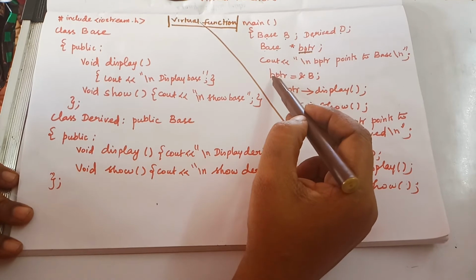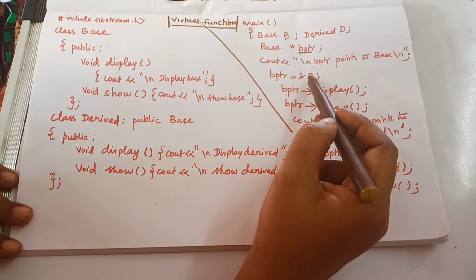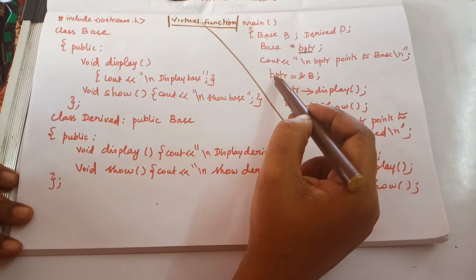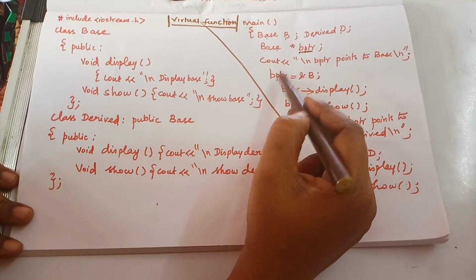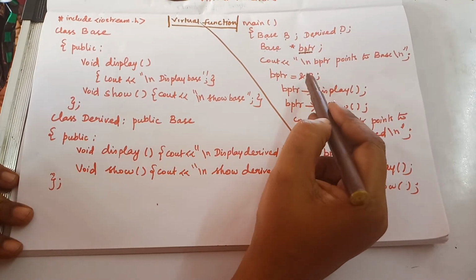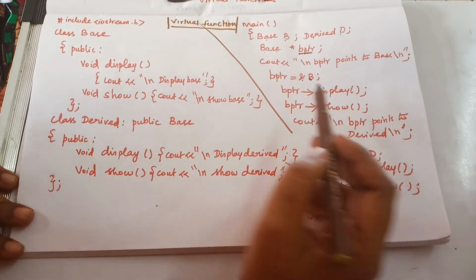So Base *BPTR equals address of B. Normally we will do this. BPTR is a pointer variable. The pointer variable takes the address of the base class object.